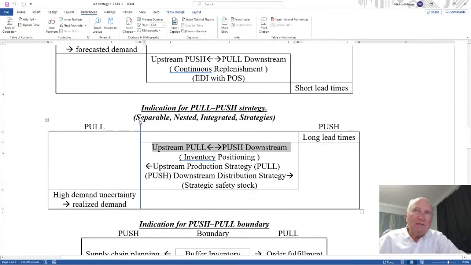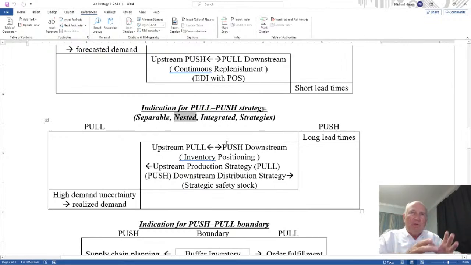Now, the separable, nested, integrated strategies, what they're saying here is that you don't necessarily have the entire supply chain pull-push, but you might have pull-push in different parts of it. Okay, you might integrate, it may be nested, a pull-push within a supply chain.